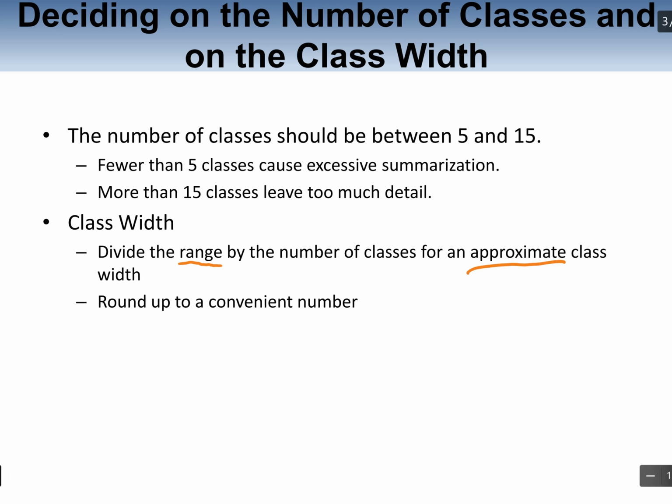So for example, let's say you have a range of 51 and you have decided you want, arbitrarily, 6 classes. So you're going to take the range 51 divided by the number of classes you wish to have, and that ends up being 8.5.